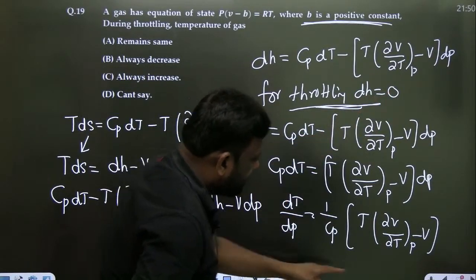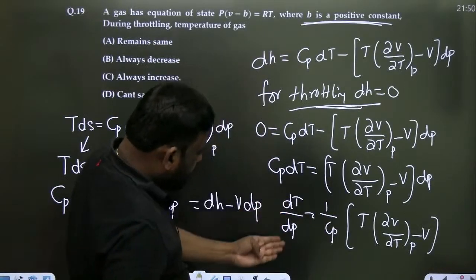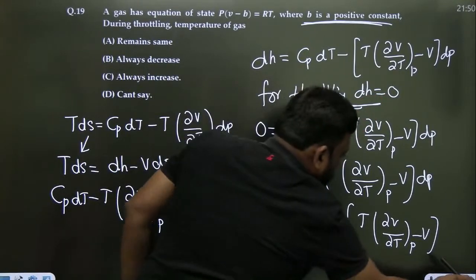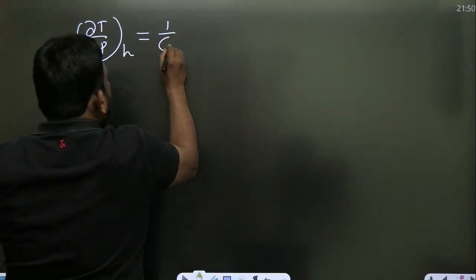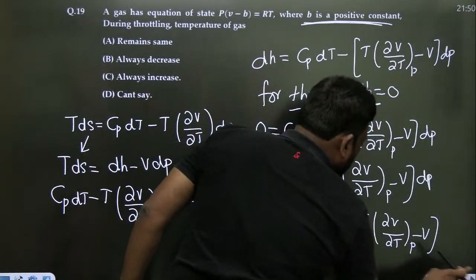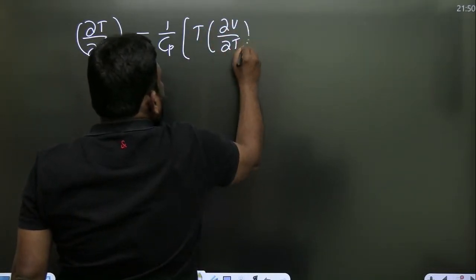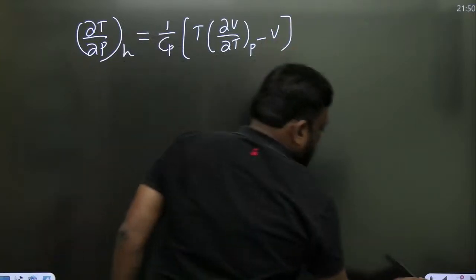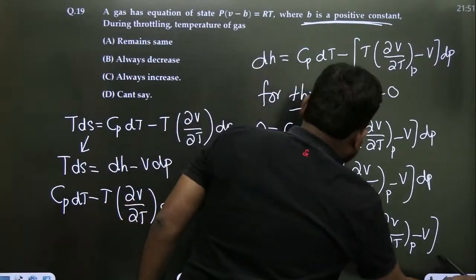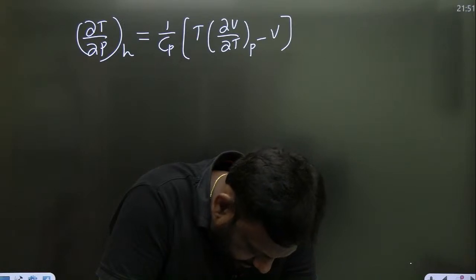So I write this as, at constant enthalpy, is equal to 1 by Cp into T into (∂V/∂T)P minus V. एक बार चेक करना. ये सब मैं क्लास में डिराइव किया सर. Yes, is it correct? ये सब मैं डिराइव किया सर.